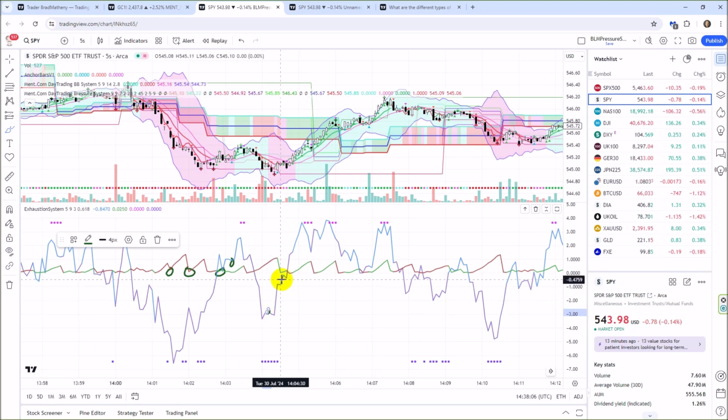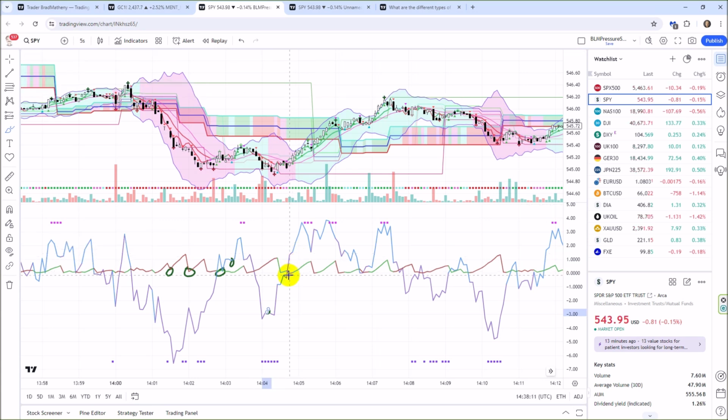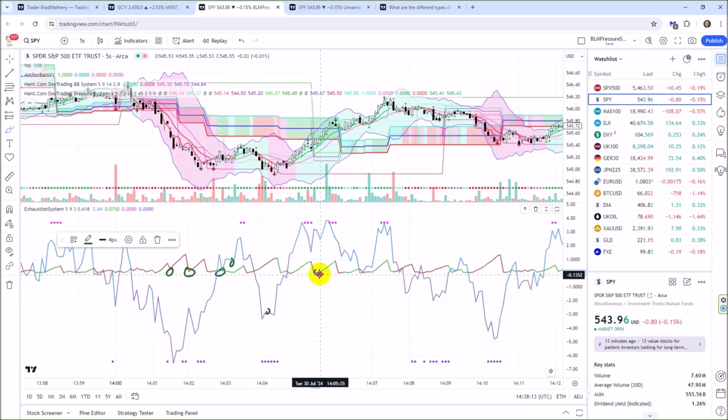Then we get into bullish trending, we get some rotation, get into bullish trending here, come back up here, reattack, potential.